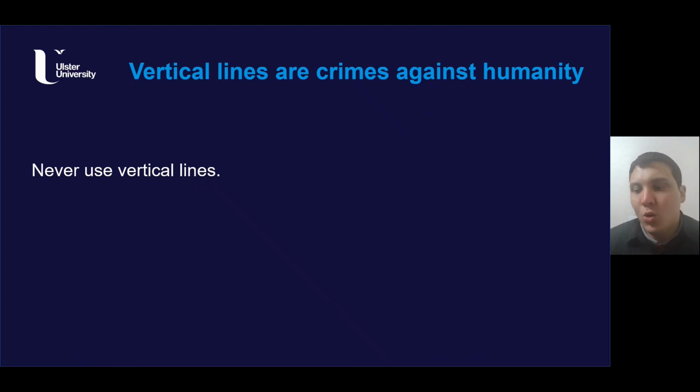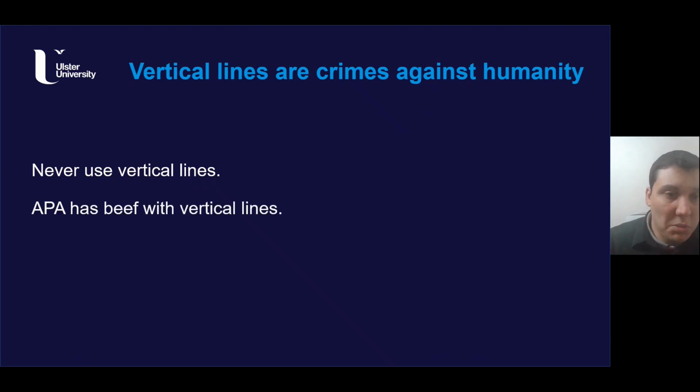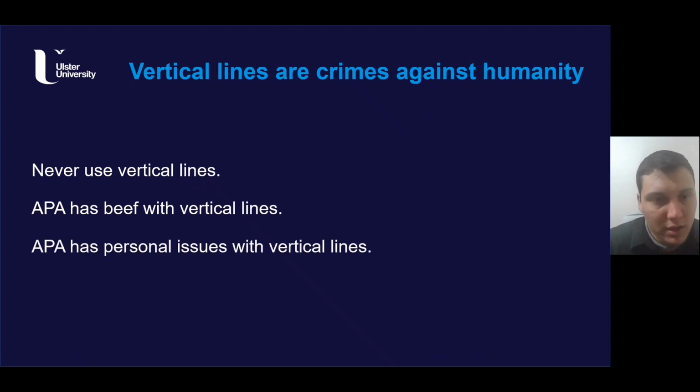Okay, let's just open parentheses here and talk about vertical lines. So there is a very old fight between APA and vertical lines. They don't really go along. Okay, APA, vertical lines, not best friends. APA has personal issues with vertical lines.